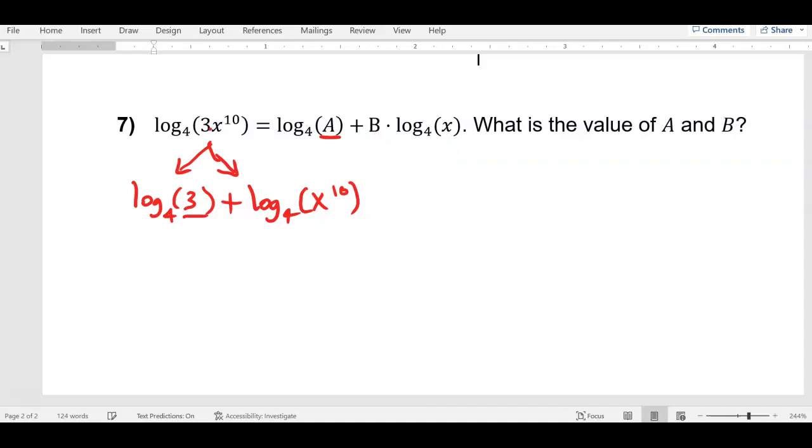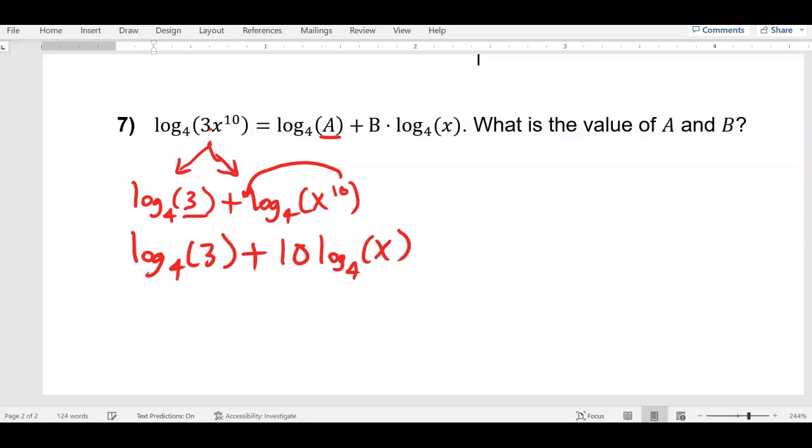Well, here's why. We learned in 10.3c, when you have an exponent, you can pull it out front, right? So that's what we're going to do. That 10 is going to go out front. So I'm going to rewrite the first part, log base 4 of 3 plus 10 out front now, and then log base 4 of x.